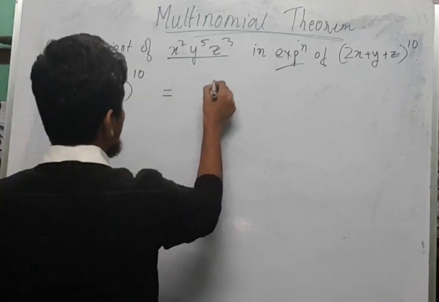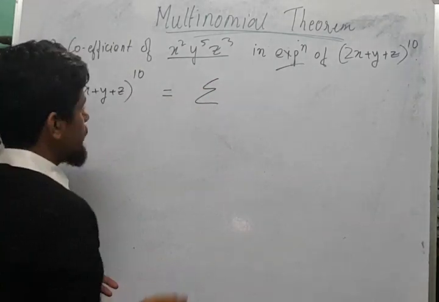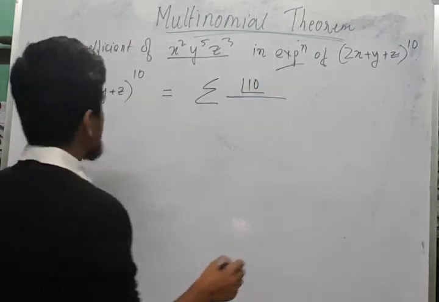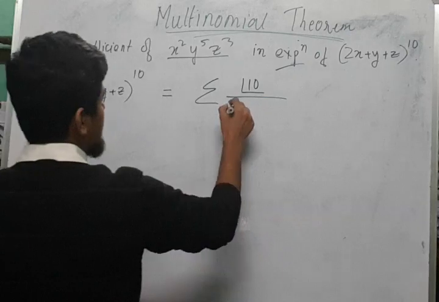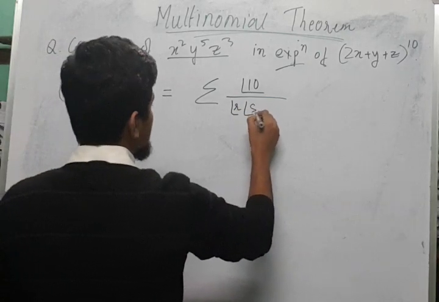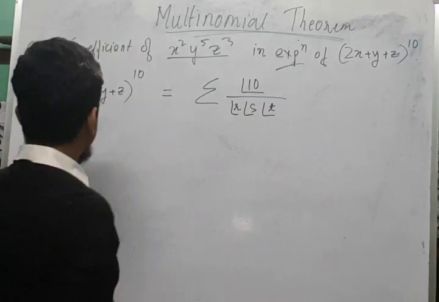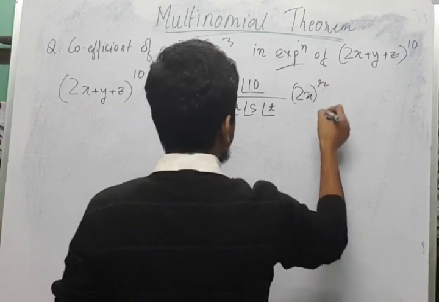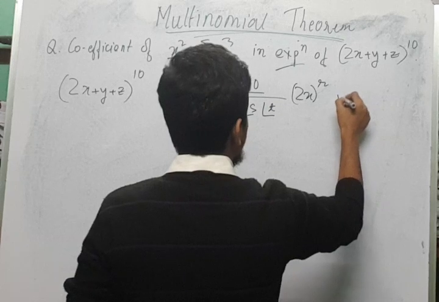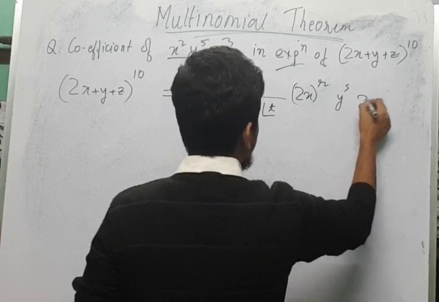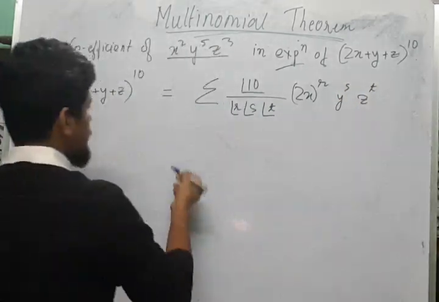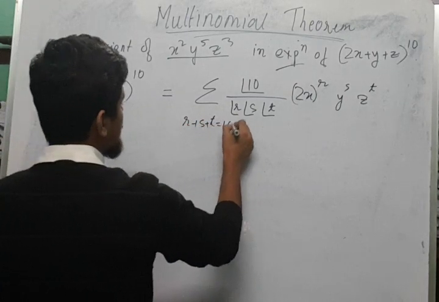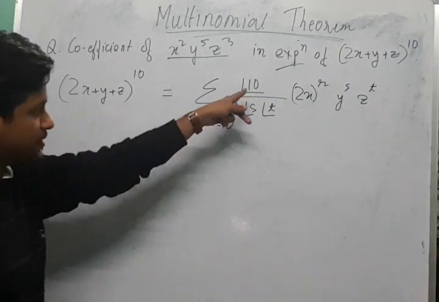This will basically come down to a summation of 10 factorial by r factorial s factorial t factorial, times (2x) to the power r, then y to the power s, and z to the power t, with the condition that r + s + t must be equal to n, where n here is 10.